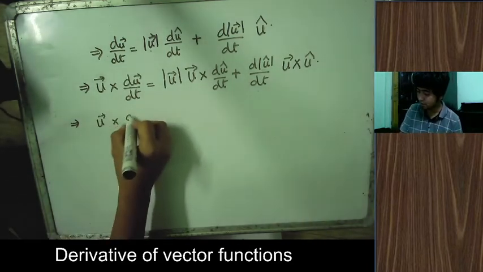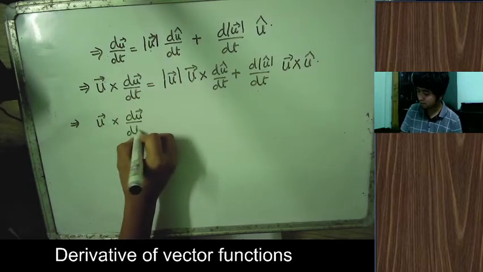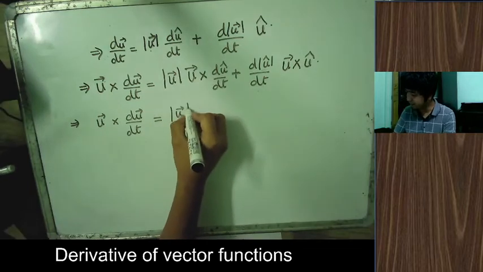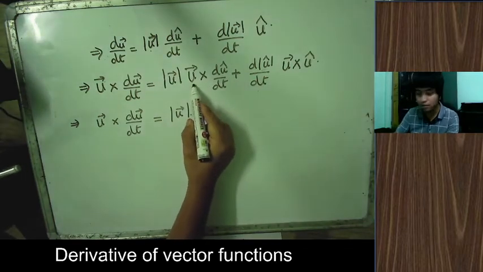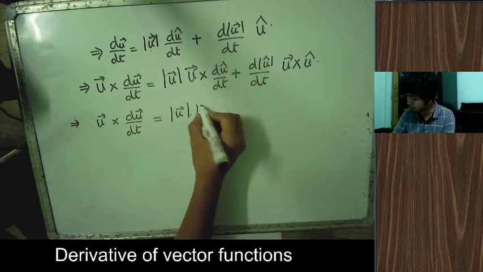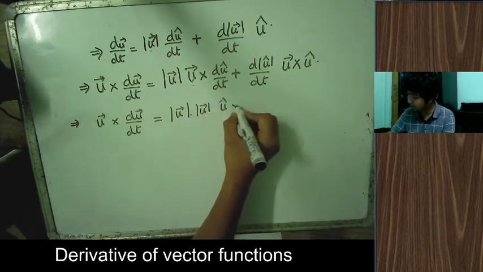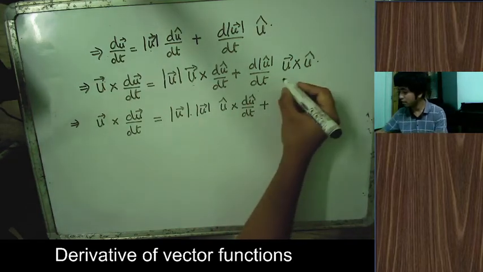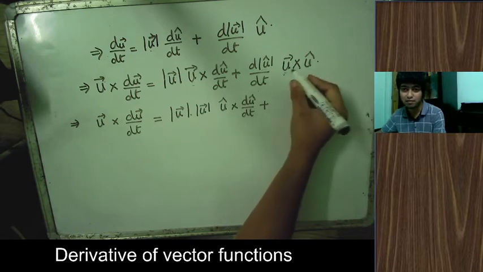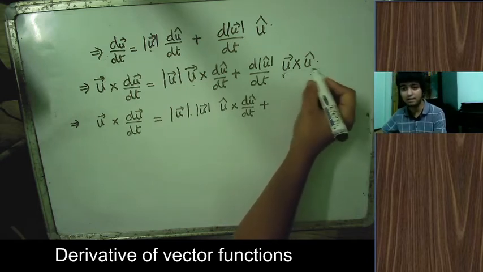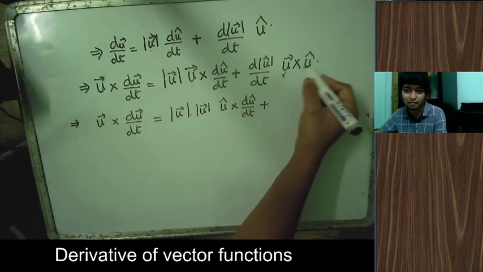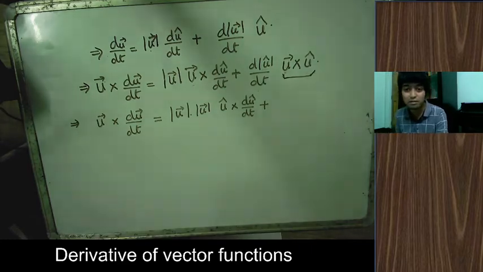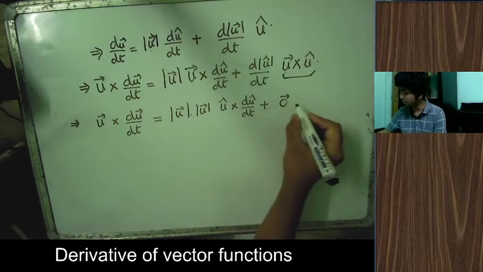So we have magnitude u, then u cross d u cap dt, plus the cross product of u with u cap, and since they are in the same direction, they are parallel, so the cross product is equal to 0.